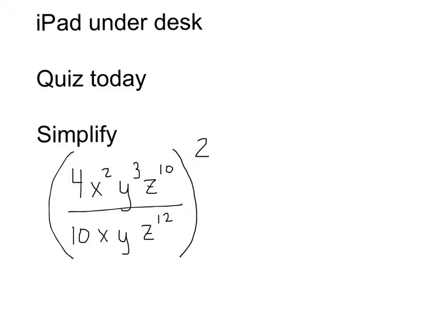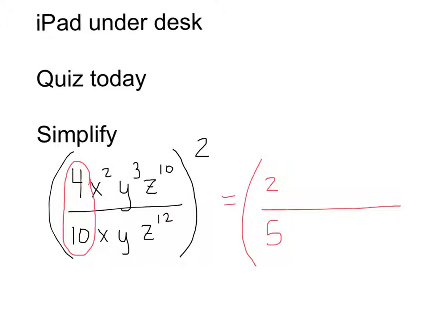So what is 4 over 10 when you reduce it? 2 over what? 2 over 5. So I've got 2 over 5. And then, what did I tell y'all earlier in the week? When you divide like bases, so I've got x here and x here, what do you do with their exponents?